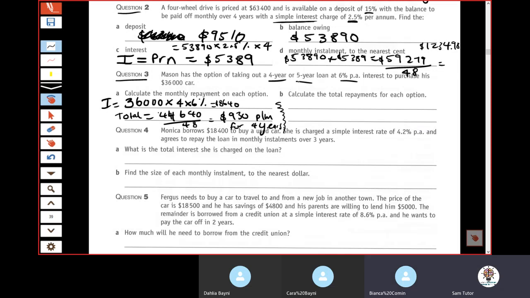Are you able to do that now for a 5-year loan? Yeah, I'll do it now. All right, done. Try see if you can get it for a 5-year loan.